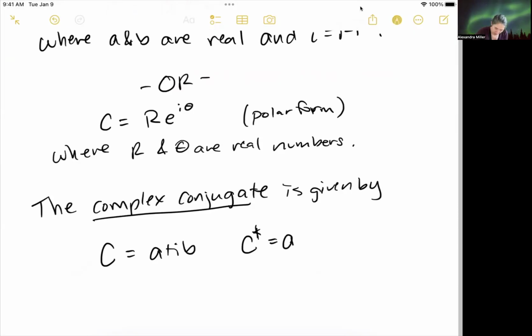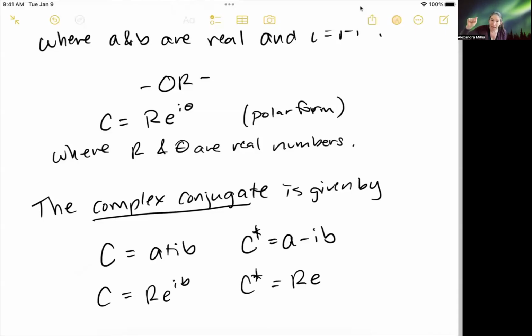So this becomes A minus iB. Or if we want to write things in polar form, then C star becomes r e to the minus i theta. Again, just wherever you see an i, you send it to minus i. Sorry, theta up top.